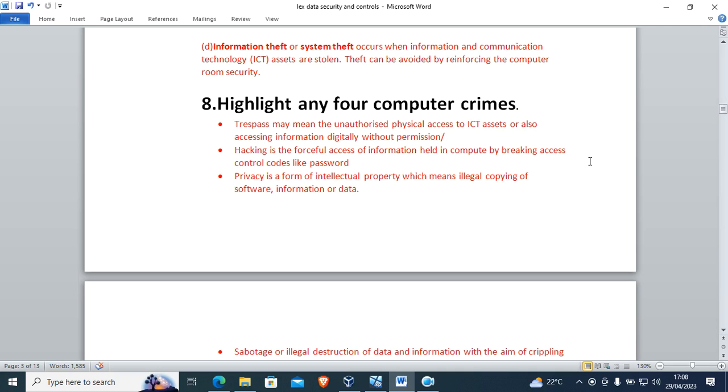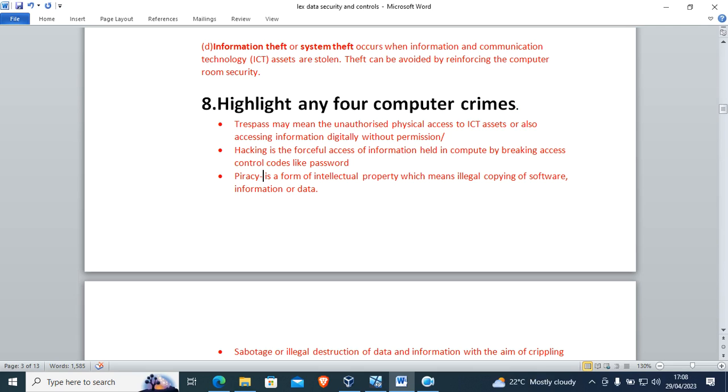Then we have piracy. Forgive me, I typed privacy; it should be piracy. Typing error, we call it a typo. Piracy is copying somebody's copyrighted work and then selling it or benefiting from it.